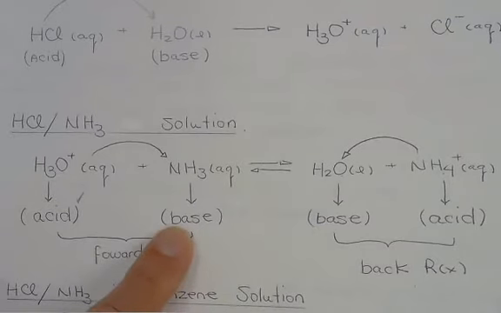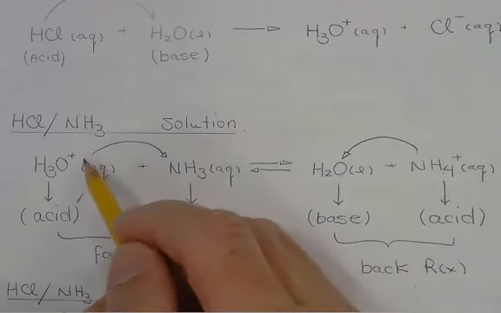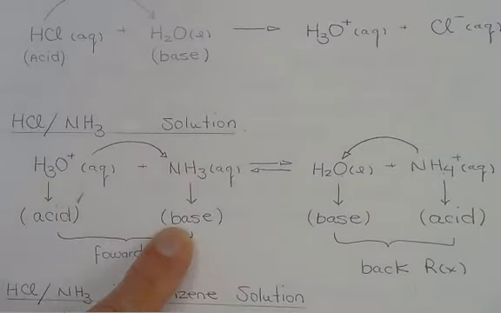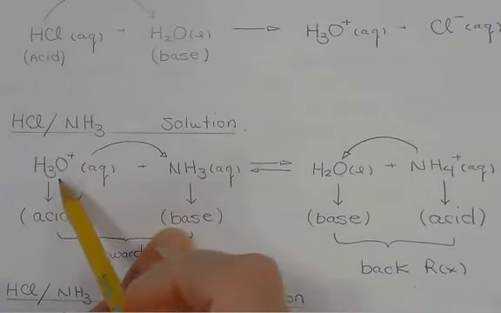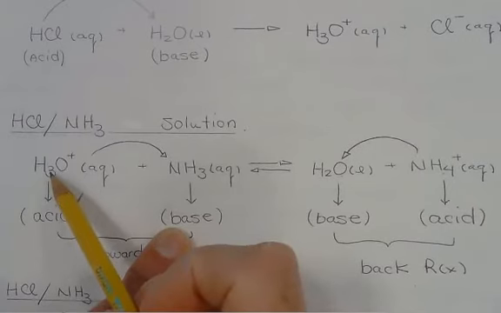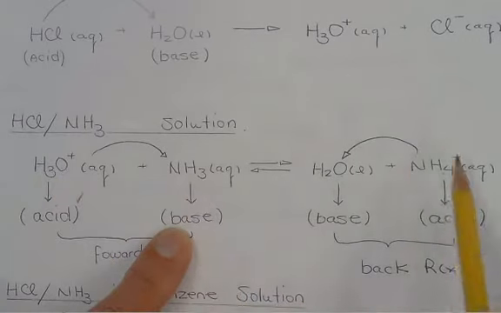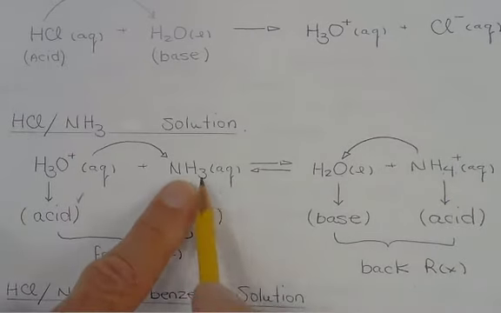Well, from ammonia's point of view going forward, it accepts a hydrogen from hydronium to make the ammonium ion. So from here to here, what happened to it? It gained a proton.